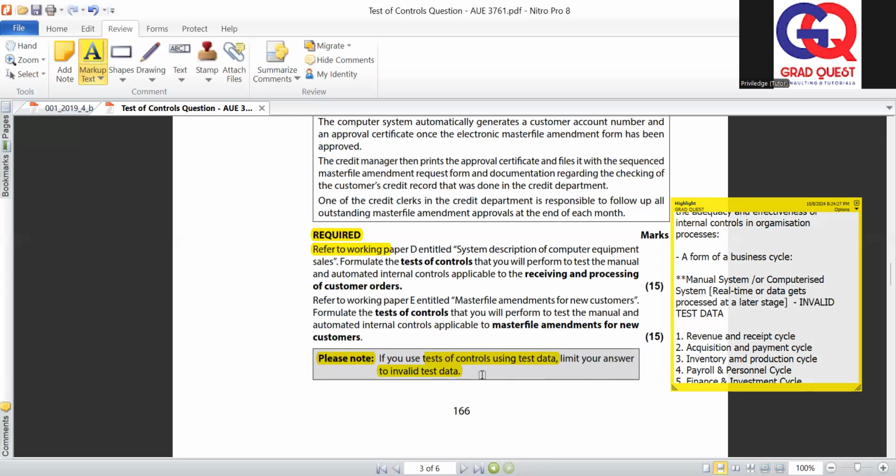Limit your test of controls to invalid test data. It means whenever you enter information in the different fields within the system, you are entering invalid information in the respective fields, and you evaluate or observe what the system does upon attempting to process further.